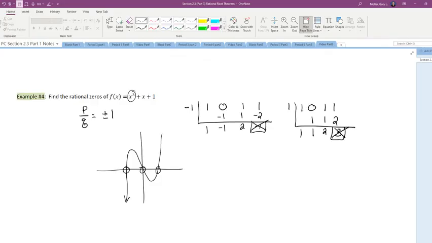So if I were to use my graphing calculator and do this, I would see that once again, there are no rational zeros. I don't have my calculator pulled onto the screen right now, so I'm just doing this on my handheld. I'm going to graph it real quick. X to the third plus X plus 1, zoom standard. Okay.